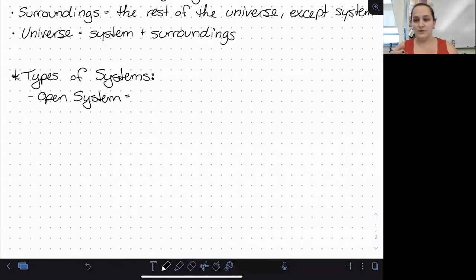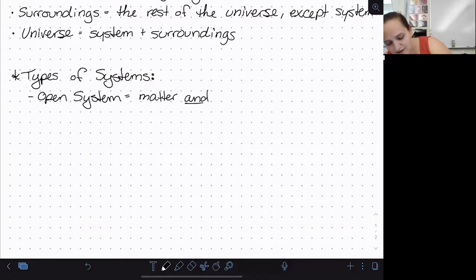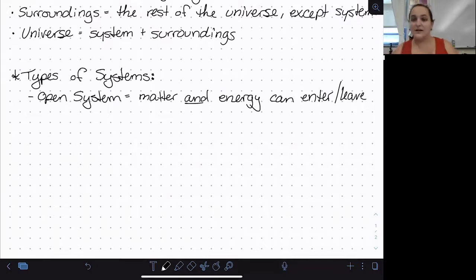Something like just a beaker that you're doing a chemical reaction in. If you do a chemical reaction and it produces a gas in an open beaker, that gas is going to escape, and that's matter leaving your system, if your system is whatever is in your beaker. So an open system is one where both matter and energy can enter or leave the system, can be added or removed.